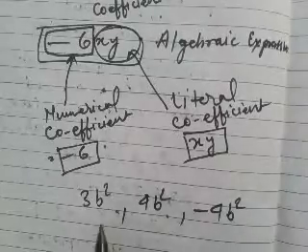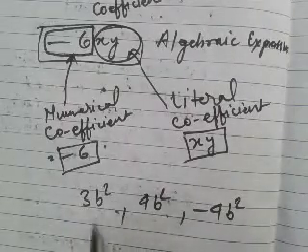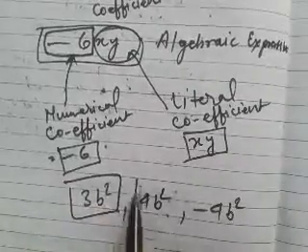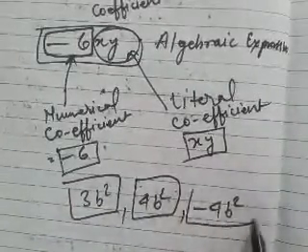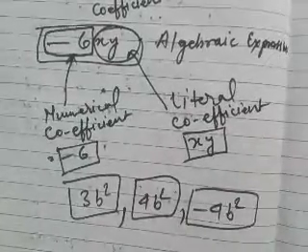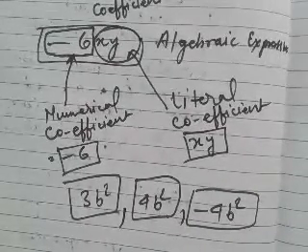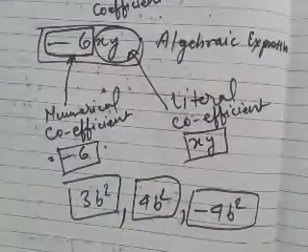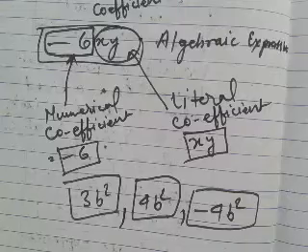How many algebraic expressions are there? This is one, this is another, and this is another. Because they are separated by commas, here we have three algebraic expressions.